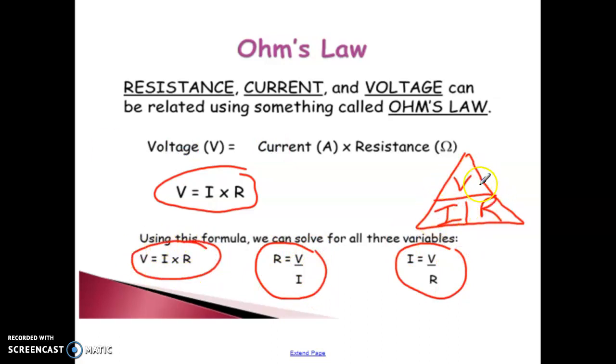So here you have a formula triangle. If you take out the V, V is equal to I times R. If you're looking for R, it's V over I. If you're looking for I, it's V over R. But the units are important. It's either volts, amps, or ohms.